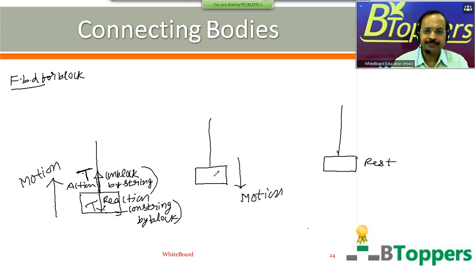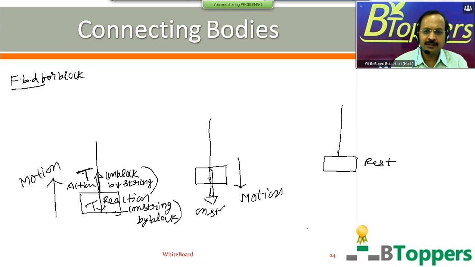Coming to this case, the block suspended by the string is moving vertically downwards. Even in this case, you can say that the block pulls the string vertically downwards. So the block exerts a force on the string in the vertical downward direction.